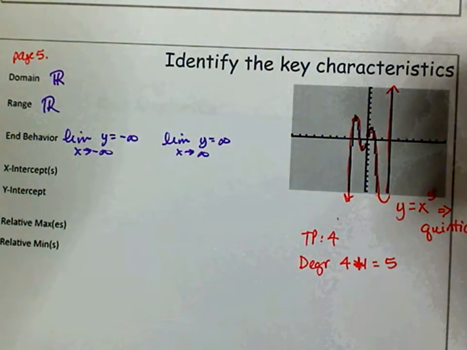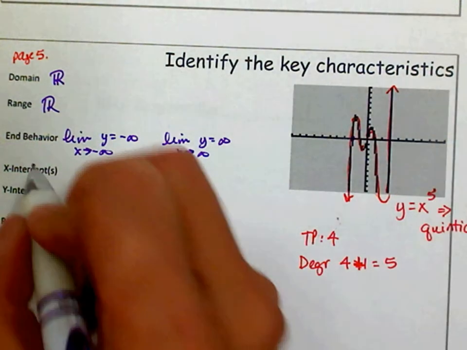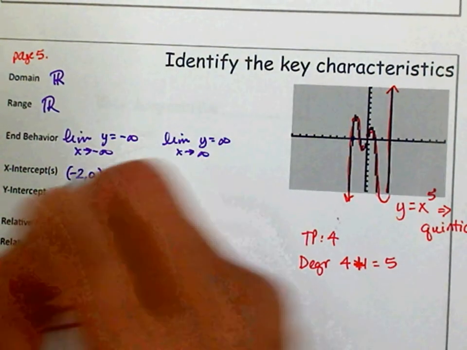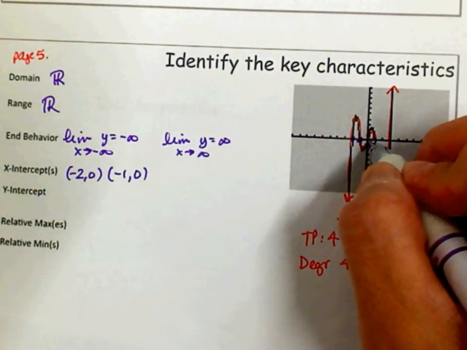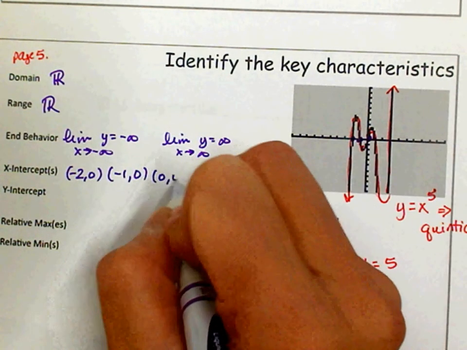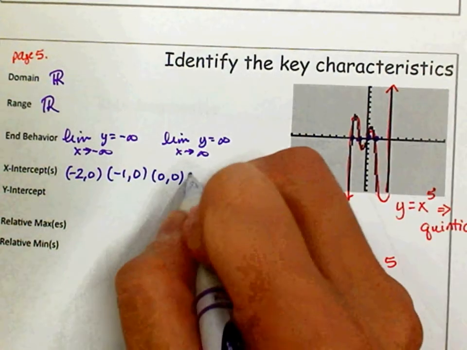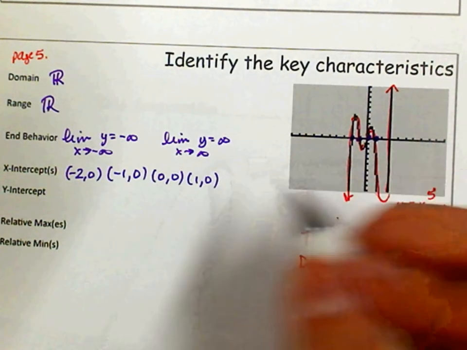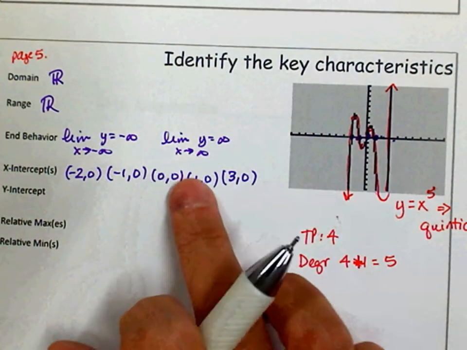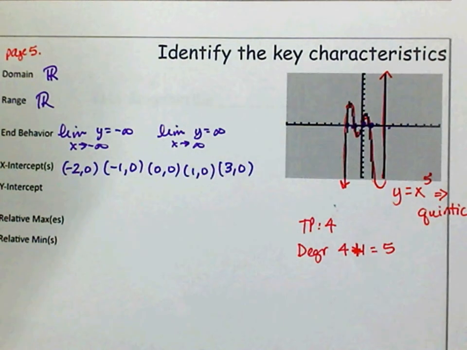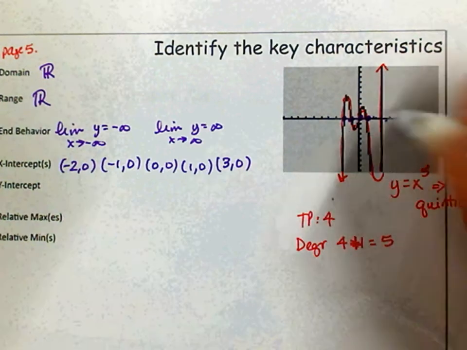So that one is negative 2, 0. That one is negative 1, 0. 0, 0. 1, 0. We're just going to eyeball it. 1, 2, 3. 3, 0. 1, 2, 3, 4, 5. 5 x-intercepts. Y-intercept looks like 0, 0. We're just going to eyeball it.